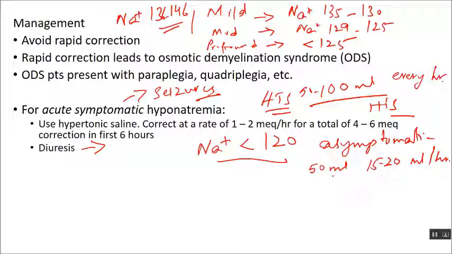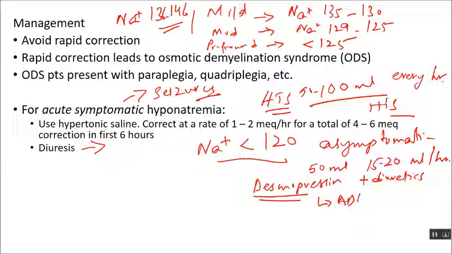And some authorities also give that along with desmopressin and diuretics. Okay, so what is the rationale of using desmopressin? Desmopressin is an ADH agonist, right? So if it's an ADH agonist, you would think that it will lead to more water retention, and would not be a good idea in patients who are being treated for hyponatremia.